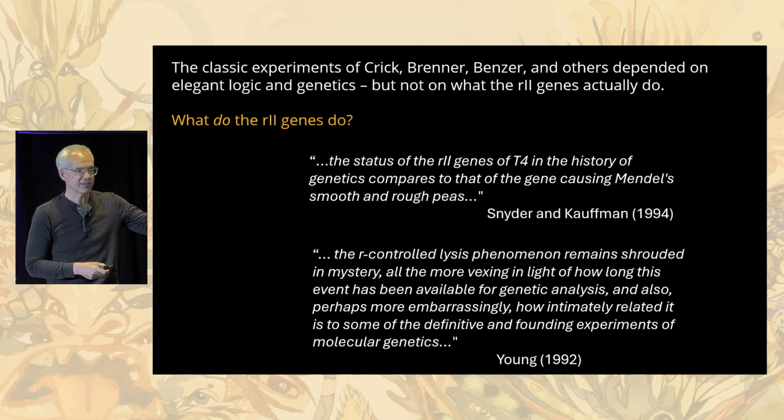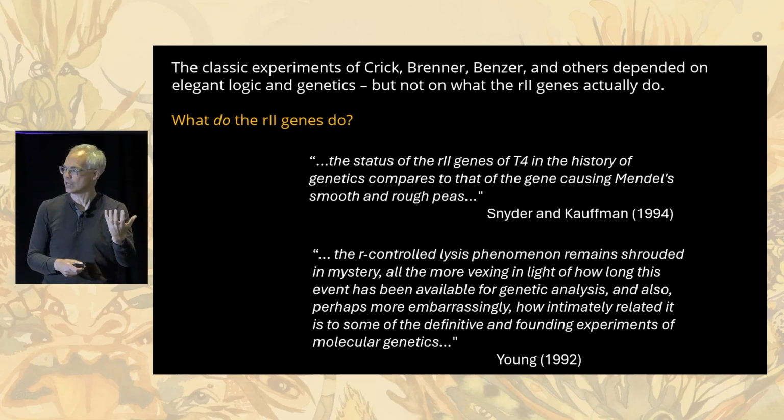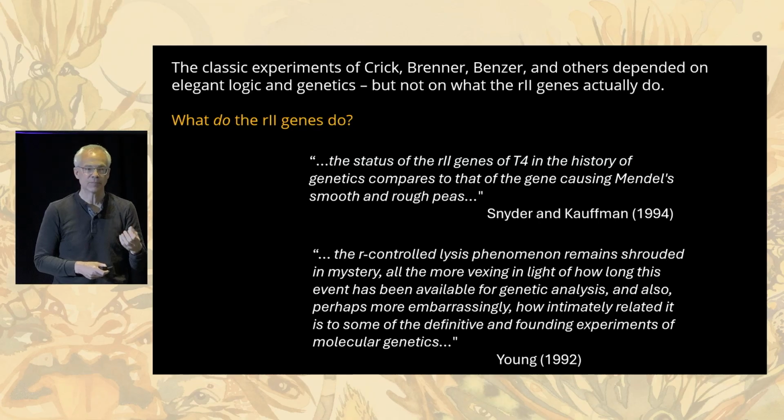It could be a genetic disease in us clinically. It could be a fly that suddenly grows an eye out of its leg or something. And then you have beautiful genetics, but you are a million miles from understanding the molecular basis for what's going on to cause that phenotype.